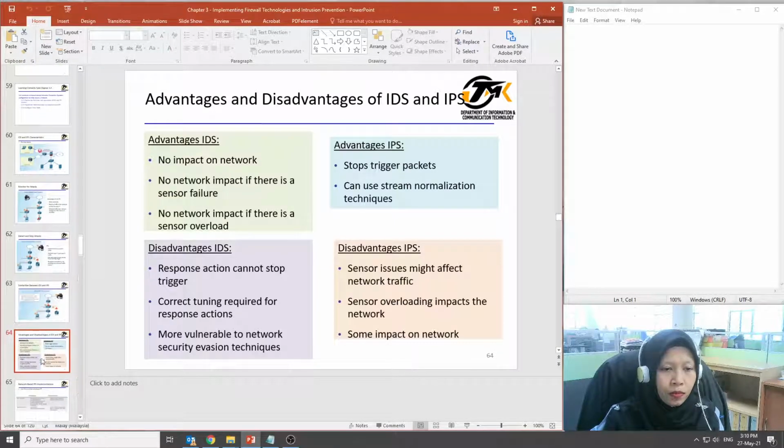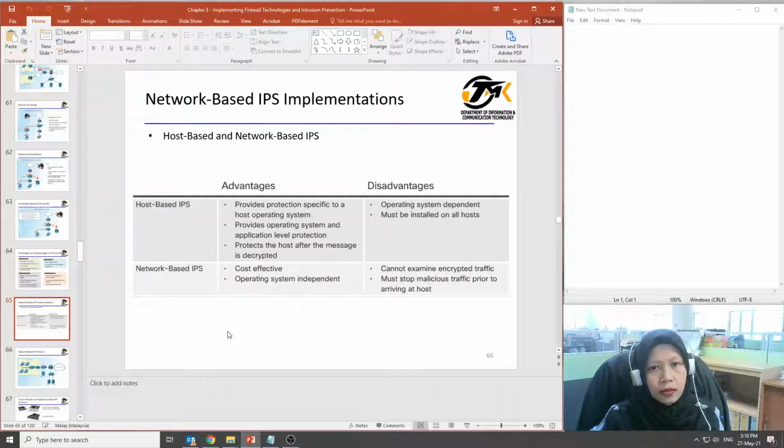Alright, so next, this is how network-based implementation is done. Basically, there are two types: host-based or network-based. For the network-based, usually the advantages are that it is cost-effective and operating system independent.